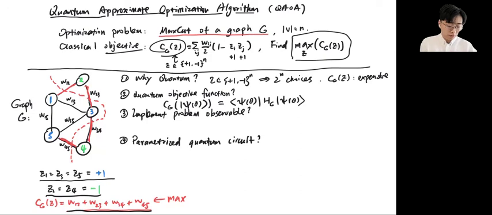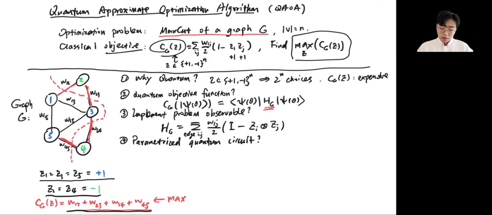Now let's see how we can define this problem observable that calculates the sum of the weights of edges that cross the cut. And in fact, we can do that by writing something very similar to our classical objective function. So the observable matrix will be the sum over edges ij, the weights wij times the identity matrix minus the Pauli Z matrix on index i, tensor with Pauli Z matrix on index j.